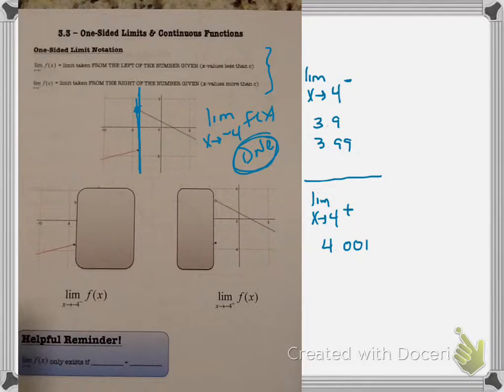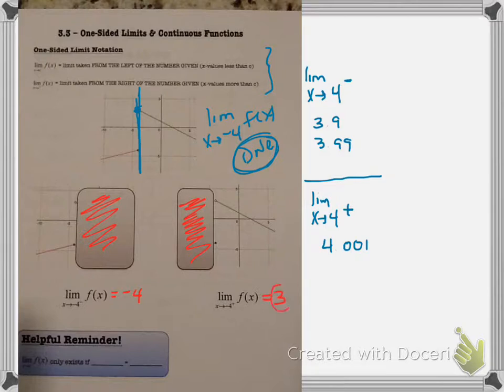So you can see the picture down here, right? If we take the limit as x approaches -4 from the left, it looks like we're approaching -4. So we don't pay any attention to any function coming in from the right. But then if we switch gears and we say let's approach -4 from the right hand side, we don't look at anything from the left. And here, I would say it looks like we're approaching 3.